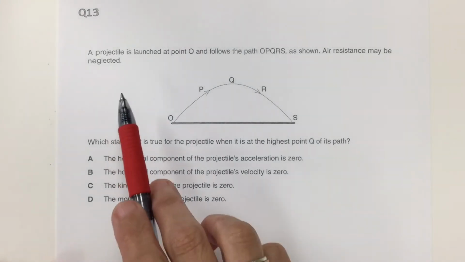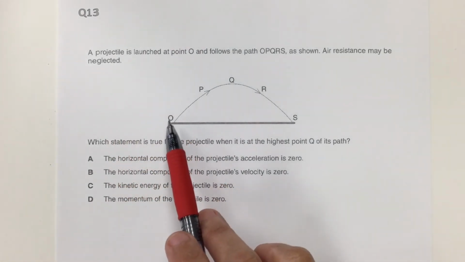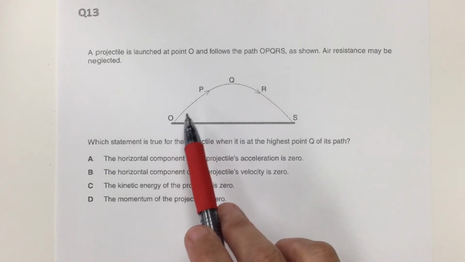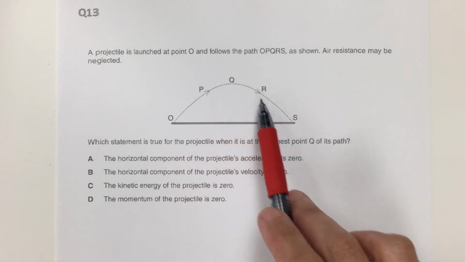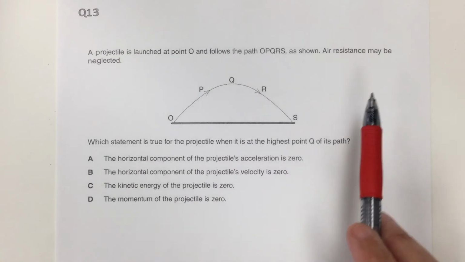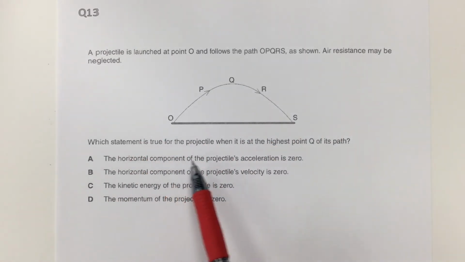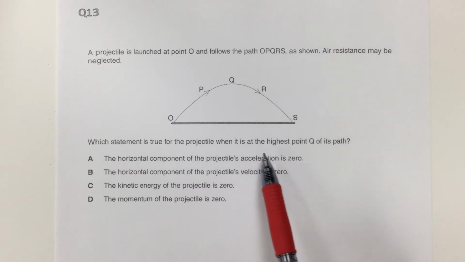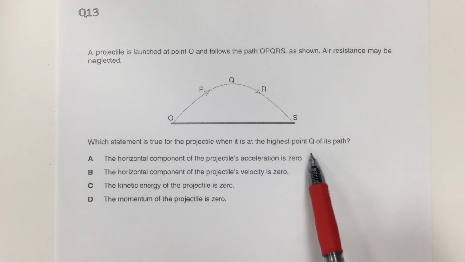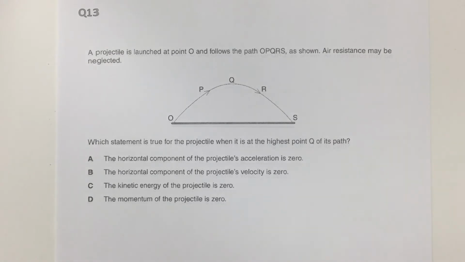Question 13. A projectile is launched at point O and follows the path OPQRS as shown. Air resistance may be neglected. Which statement is true for the projectile when it is at the highest point Q of its path?